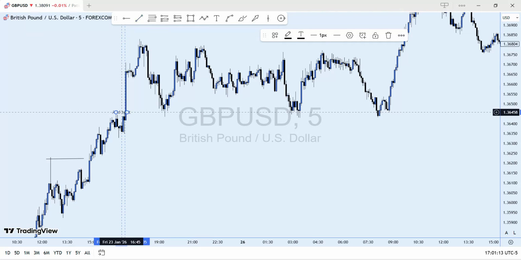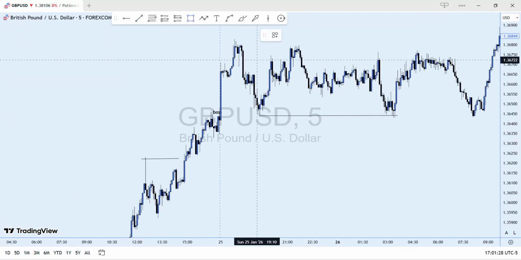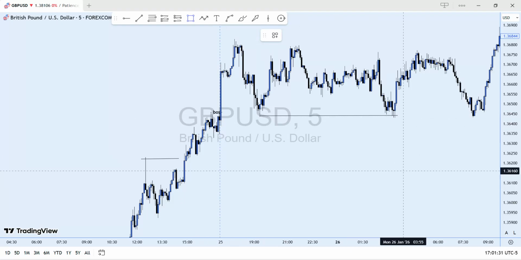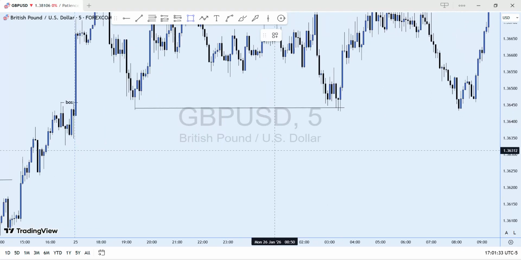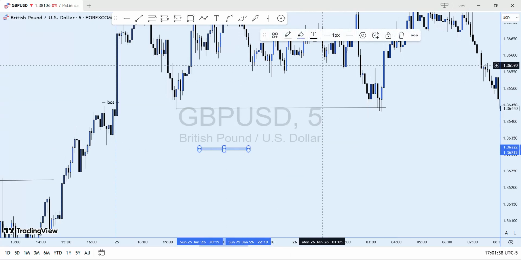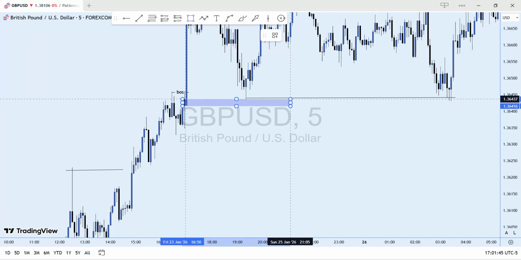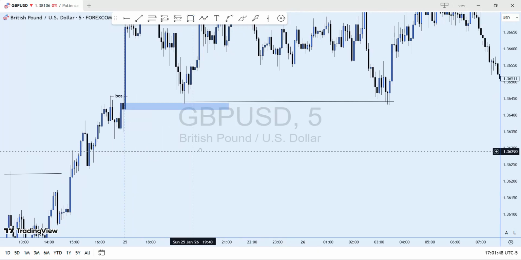This was what I marked, the breakup structure, and this was my inducement, because that's how I level it to be. All right. My point of interest was, when I zoomed in and saw the market, sorry, let me delete this. When I saw the market, I thought the market came and tapped this other block.